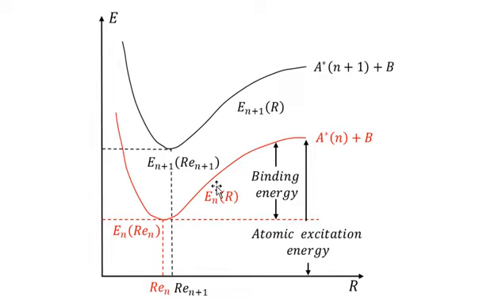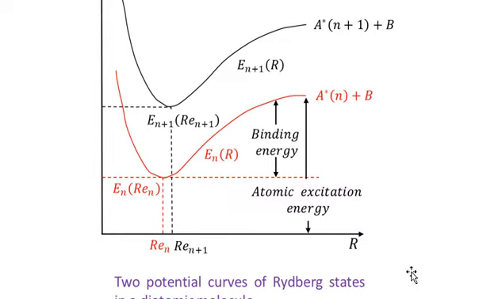The potential energy of the red state function is represented by E n of R, and the potential of the curve represented by the black curve is represented by E of n plus 1 of R. The binding energies have been represented for the two functions.